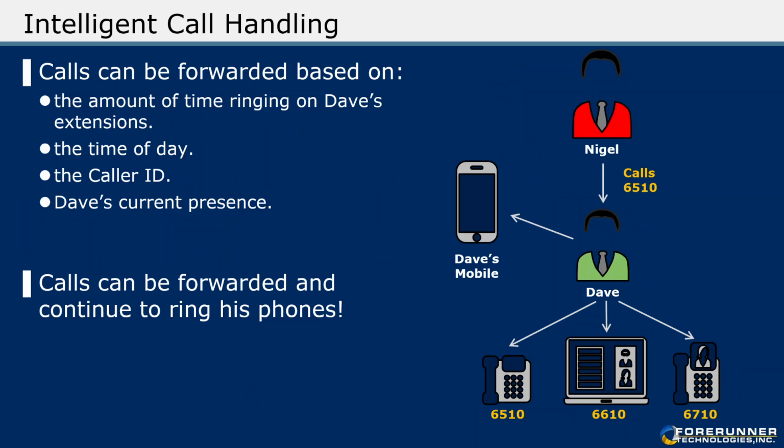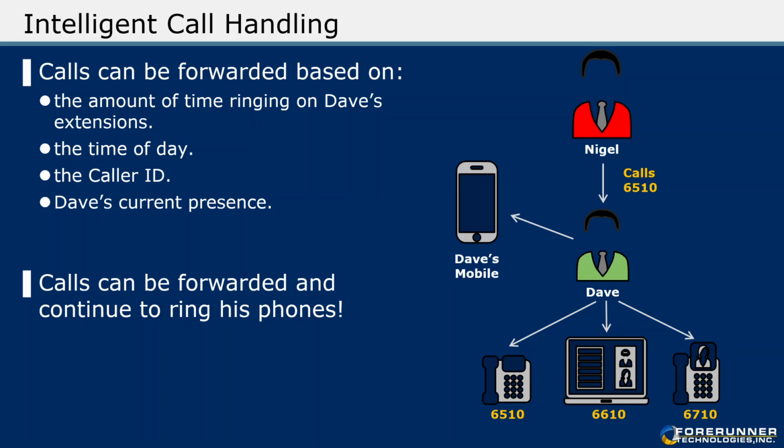Finally, let's talk about users' preferences. When we talk about user-centric users, the preference is based on the user and not on the individual devices the user owns. For example, calls can be forwarded based on different items like the time of day, the caller ID, or Dave Curran's presence.